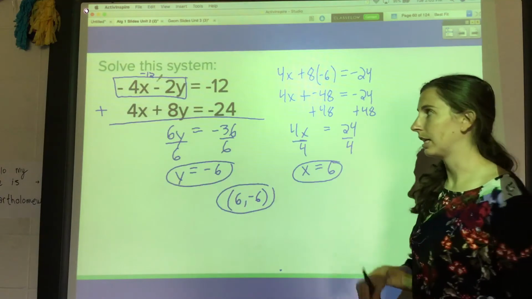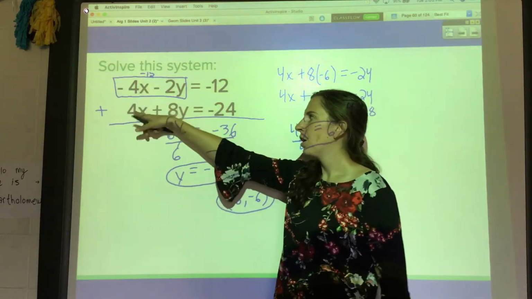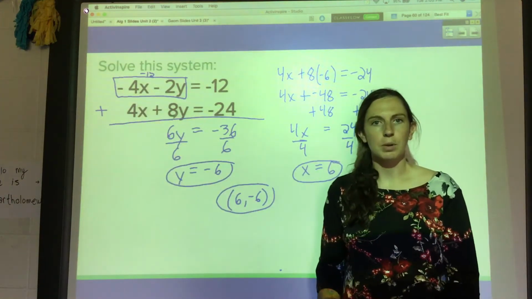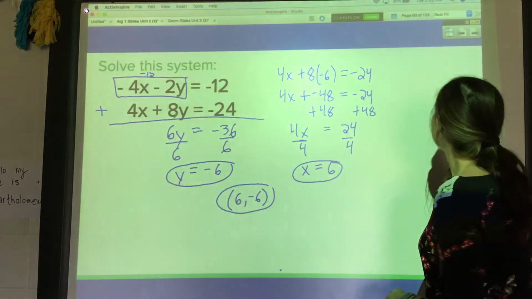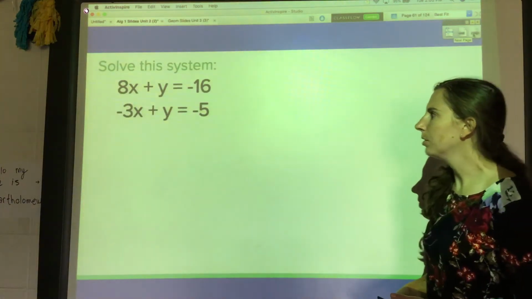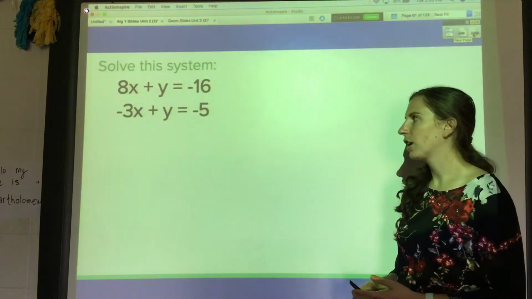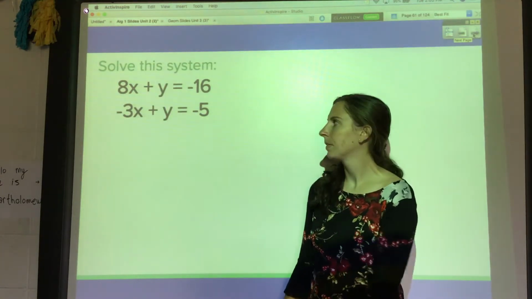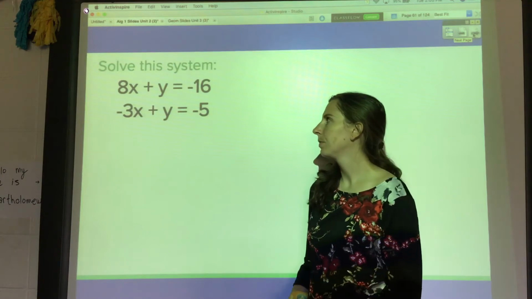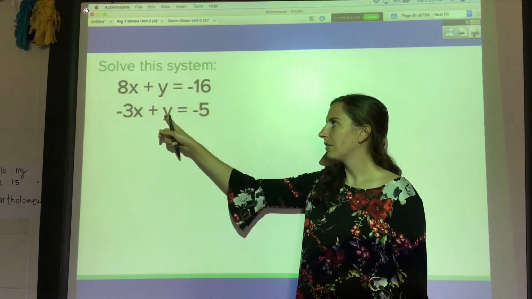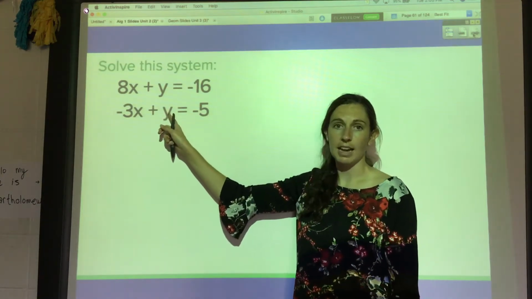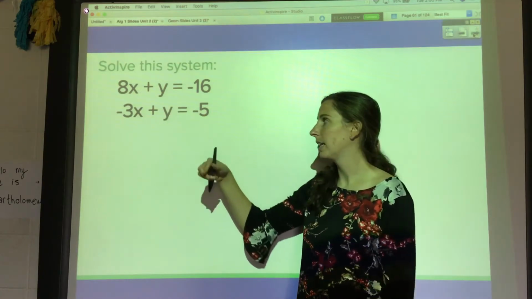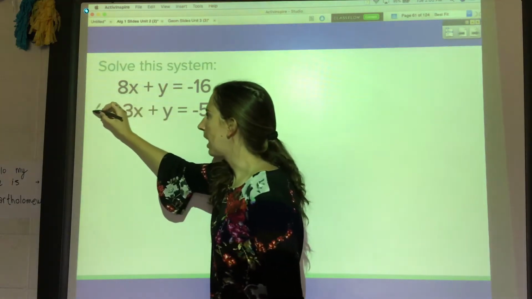So now the question is, what happens if they don't quite match up nicely like this problem did? So we can handle that. Let me show you another example. This one, if I tried to add y plus y, I would get 2y. So here's what we'll do. It would be really handy if instead of a positive y, that was a negative y. So let's make it a negative y by multiplying by a negative 1.